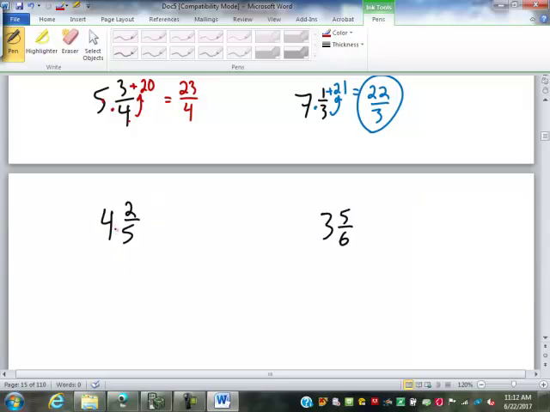Tell me what to do first. 4 times 5 is 20. 2 plus 20 is 22/5. Good. 3 5/6. What do I do first? 3 times 6 is 18. 5 plus 18 is 23/6. Wonderful.